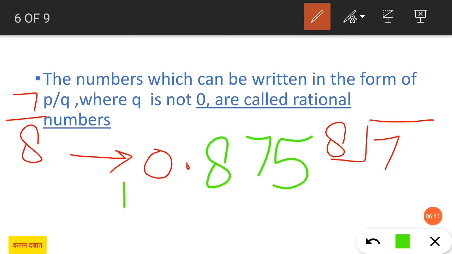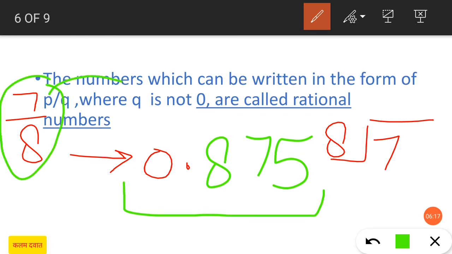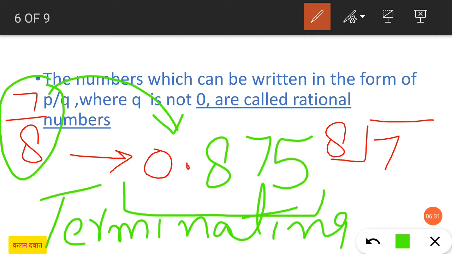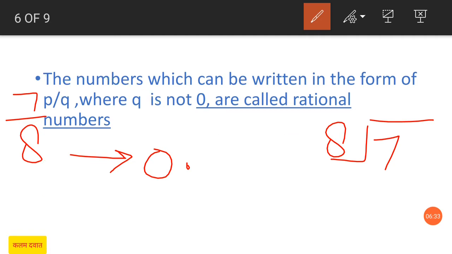So we can see this is a decimal expansion of a rational number. So a rational number can be written as a decimal expansion, and this decimal expansion is terminating, meaning it terminated after 3 decimal places. Let me show you the complete division.